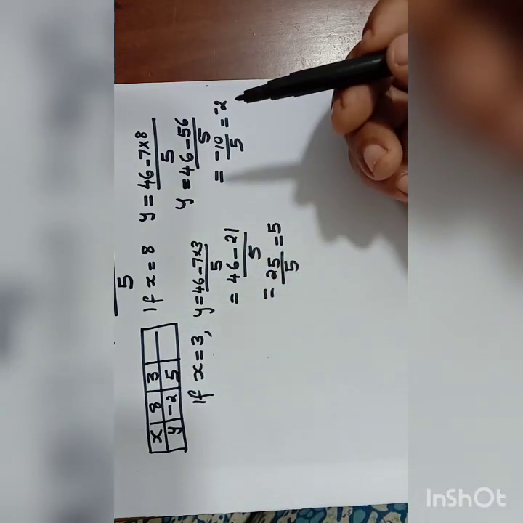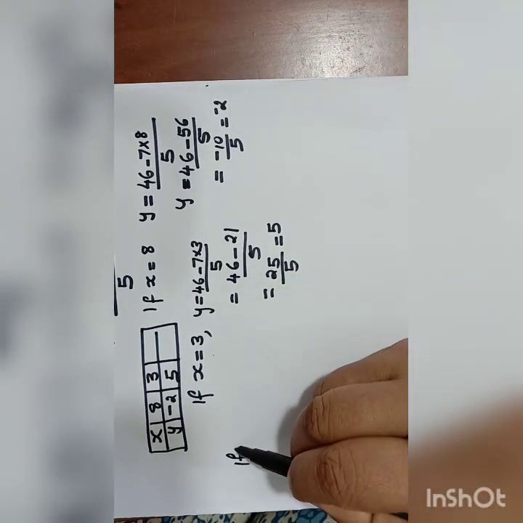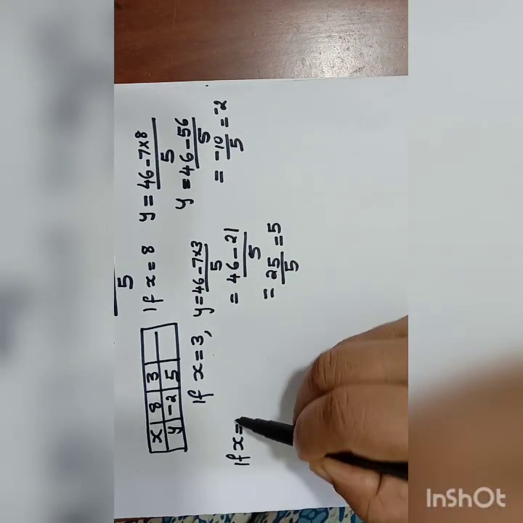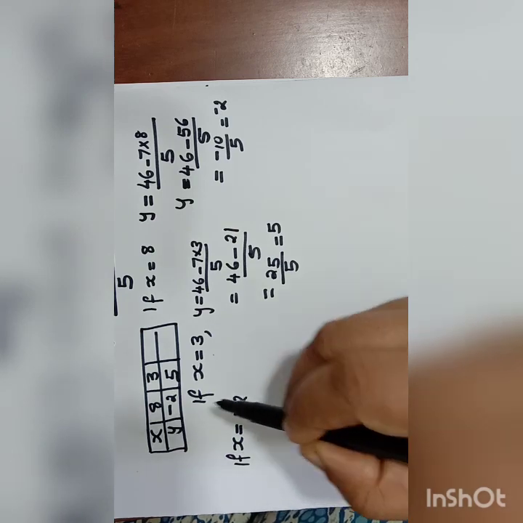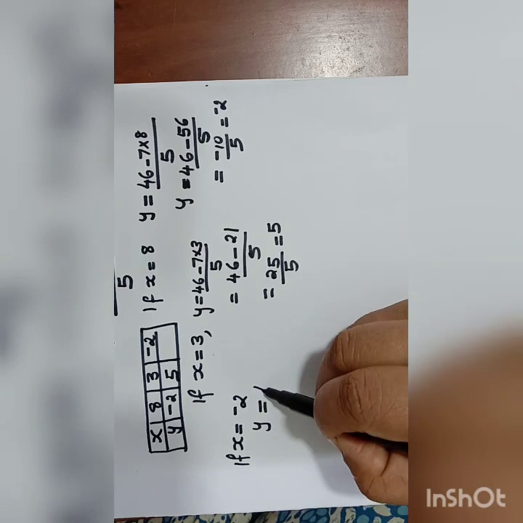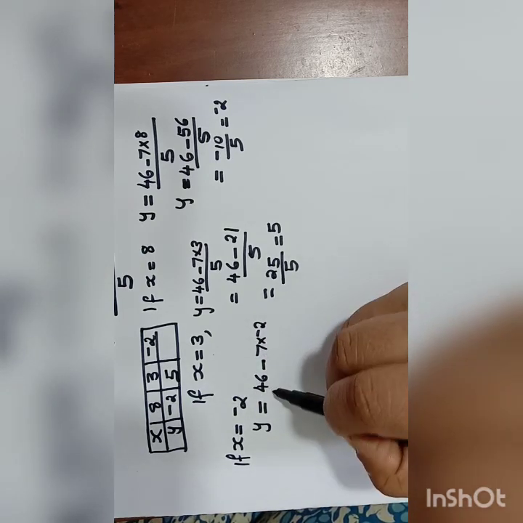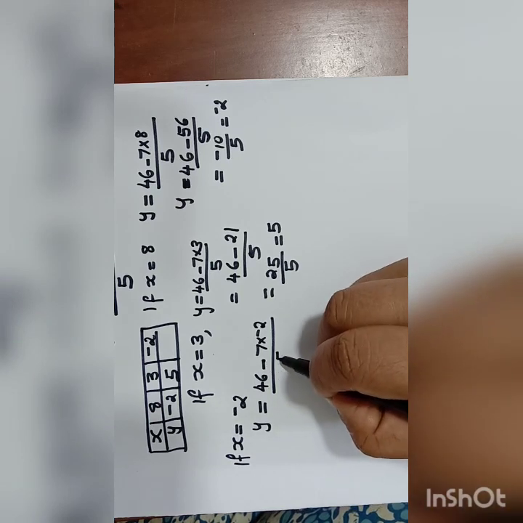In the same way, we have to consider one more point, that is if x is equal to negative 2. I am going to take the x value negative 2, y equal to 46 minus 7 into negative 2 divided by 5.